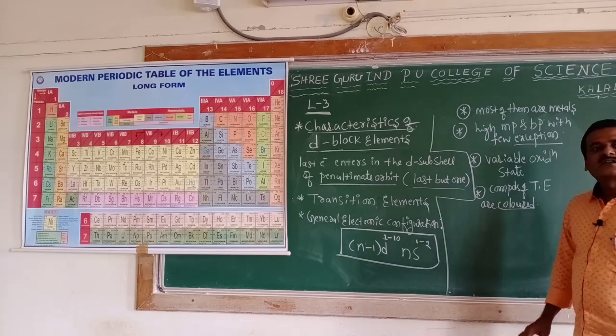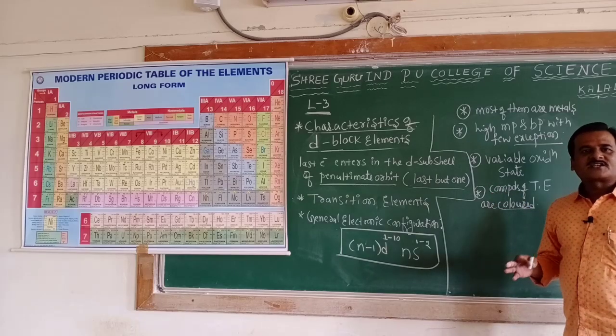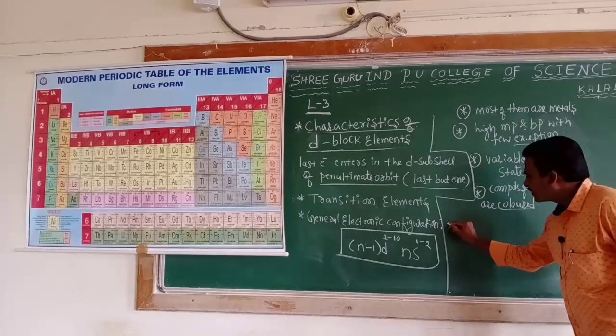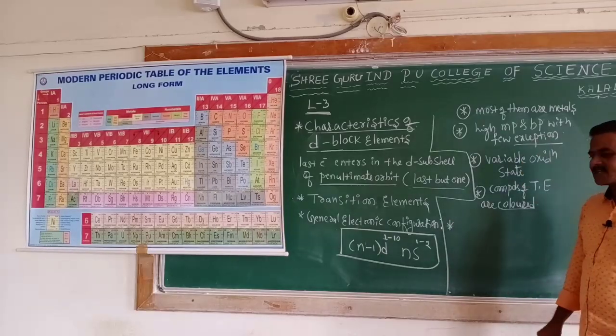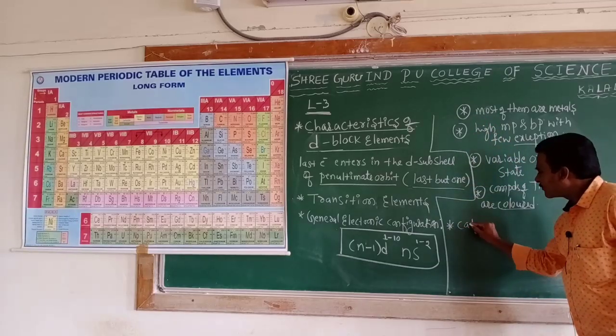They form colored complexes. Most of the ions are colored in nature due to the presence of one or more unpaired electrons. Coming to the next property, these elements show catalytic property.